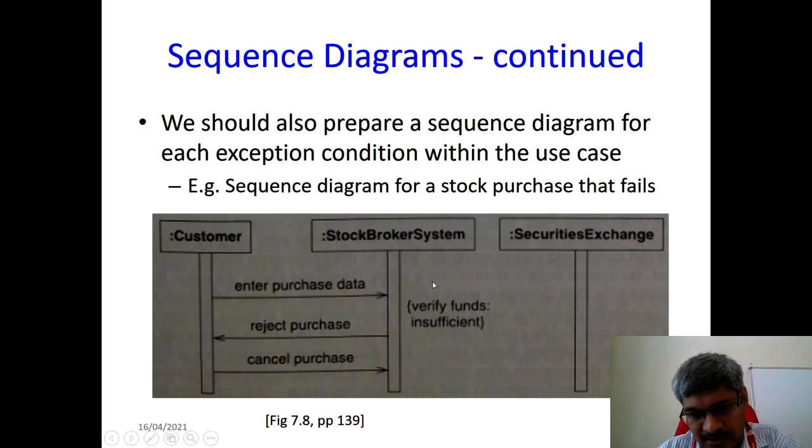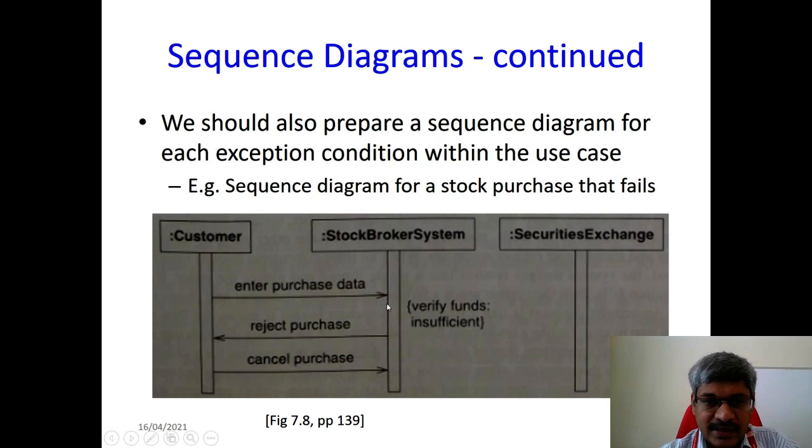The stockbroker system tried to verify the funds, and it identified that he doesn't have sufficient funds to buy these stocks. So the stockbroker system can reject the purchase. This message is sent to the customer, and the customer can cancel the purchase because he doesn't have enough money.